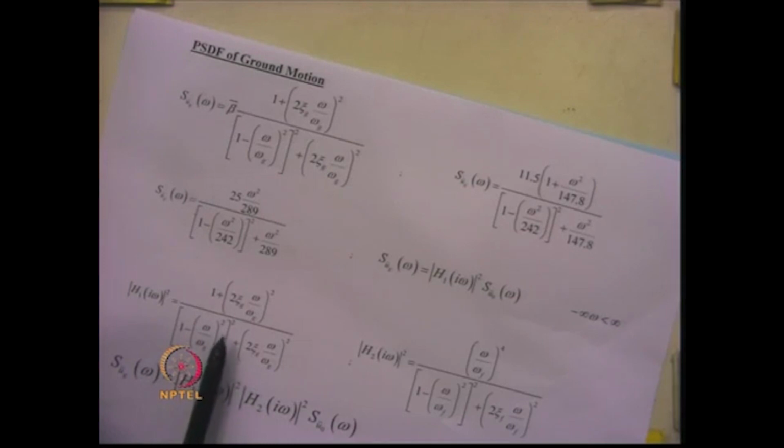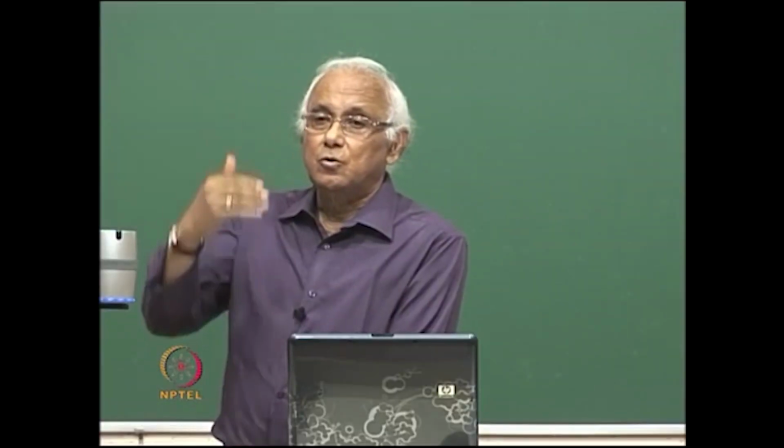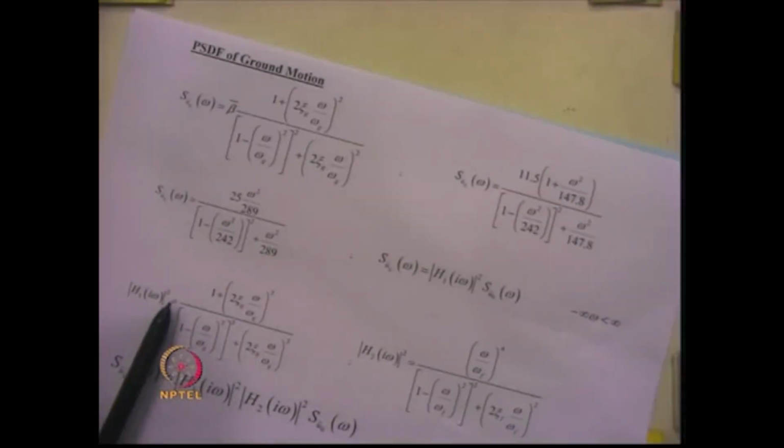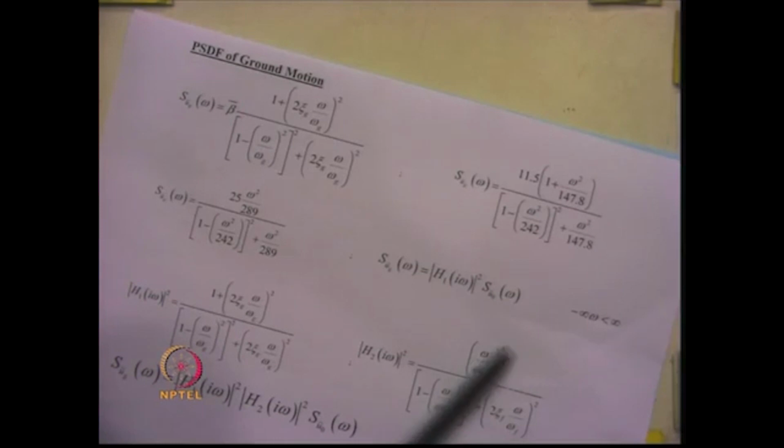Here the concept is that the power spectral density function that exists at the rock bed level gets filtered through two filtering media, and the frequency response functions squared, or the absolute value of the frequency response function squared, are given by this equation and by this equation.